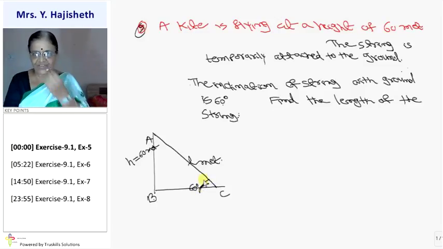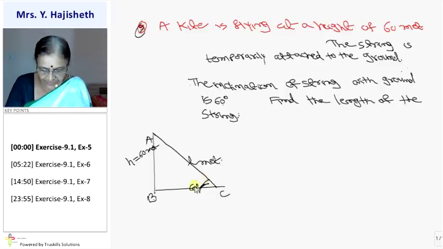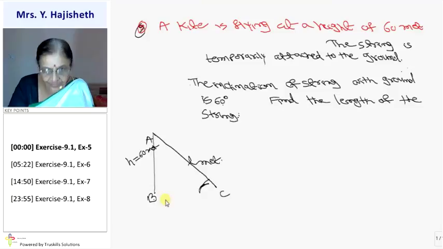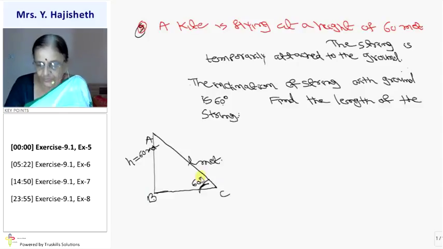Inclination of this string with the ground is 60 degree. This is my figure. I should draw it again. Is it clear?